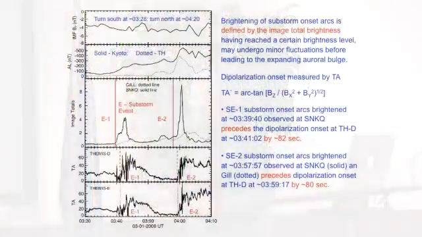The first event is super breakup. The second one is a genuine, full-fledged dipolarization. Once that's settled, he showed this, which he called image total. That's what allows you to determine the timing of onset arc brightening.